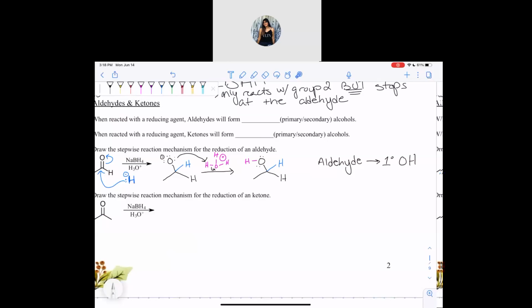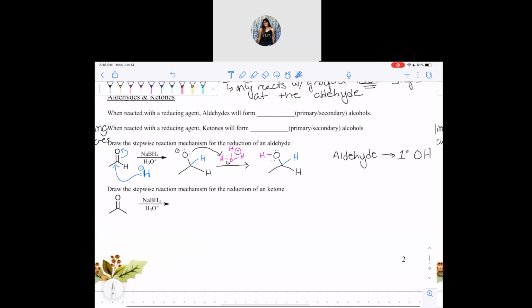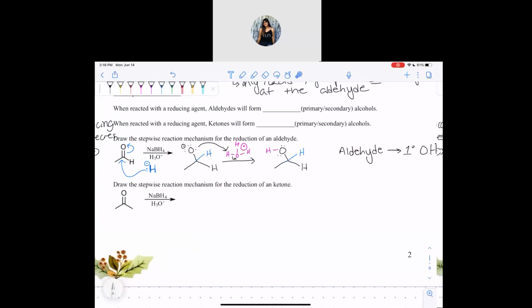You're welcome. All right, so who wants to help walk me through this second reaction? And you guys can all do it. So what's the reducing species again? H minus, sweet. So anything with a negative charge is a what or a what?